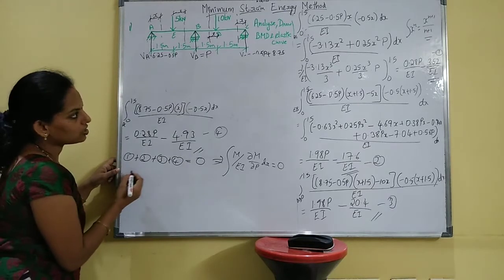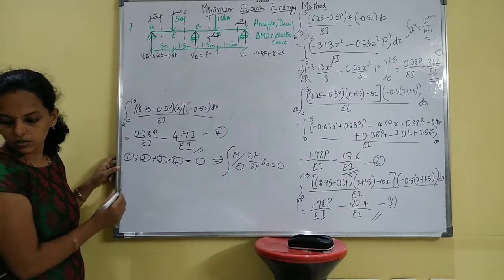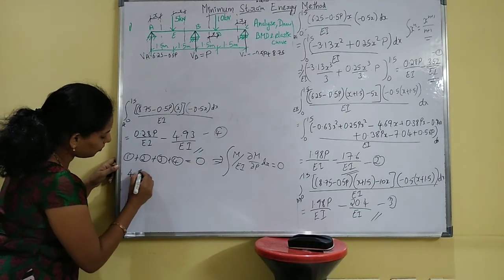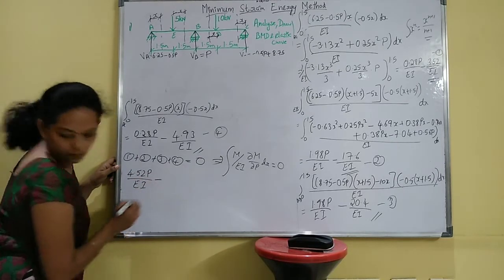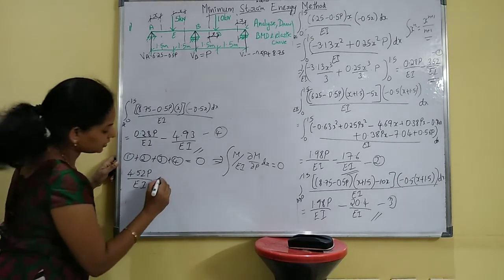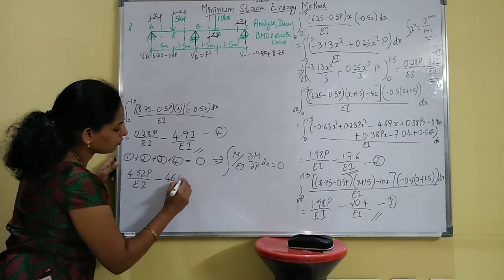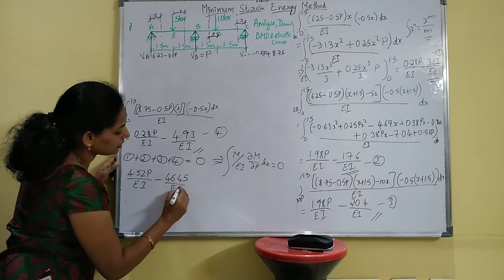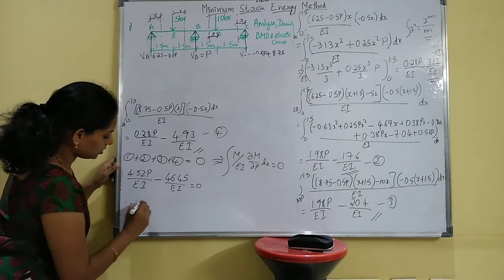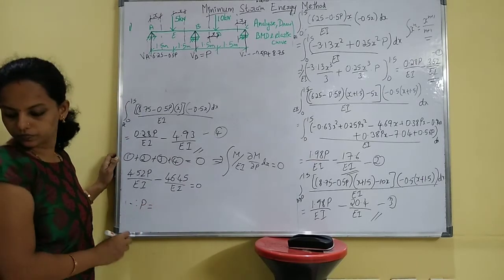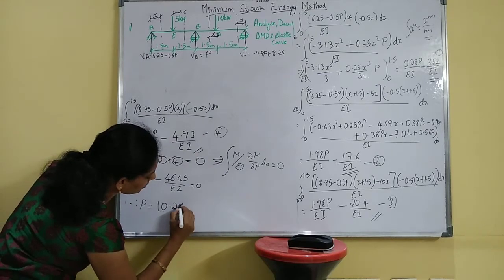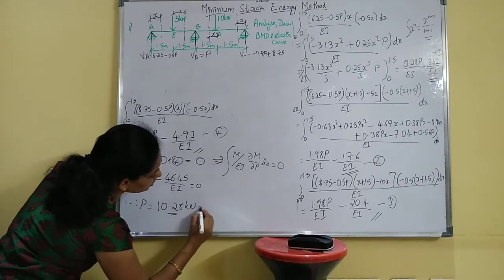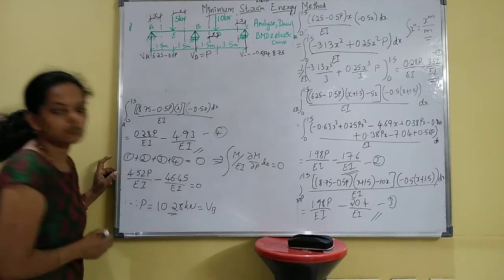So add all the constants and get the value. You have finally 4.52 P by EI minus 46.45 by EI equal to 0. Therefore, P is equal to 10.28 kilonewton, which is equal to VB.